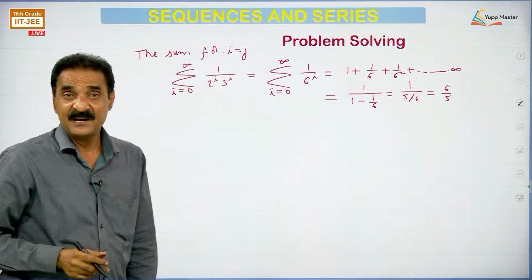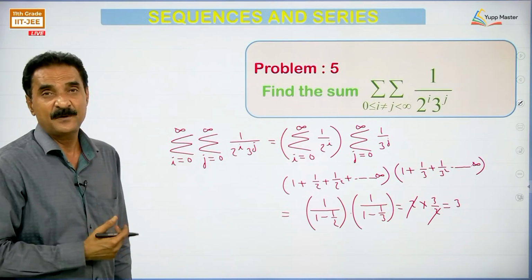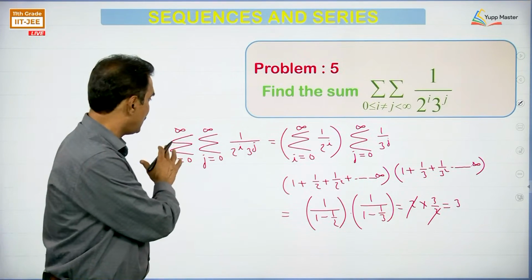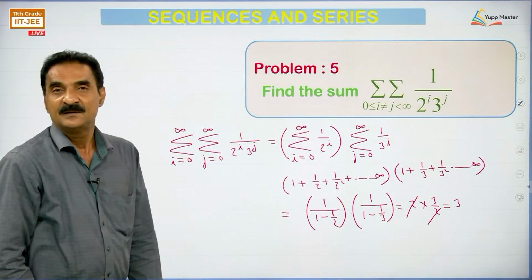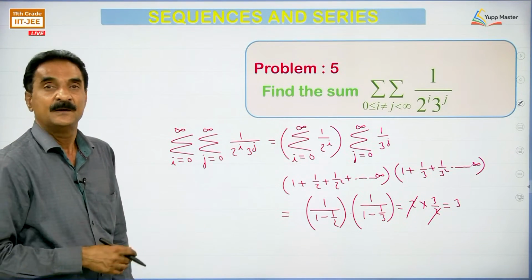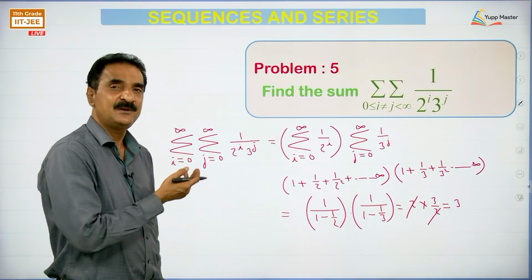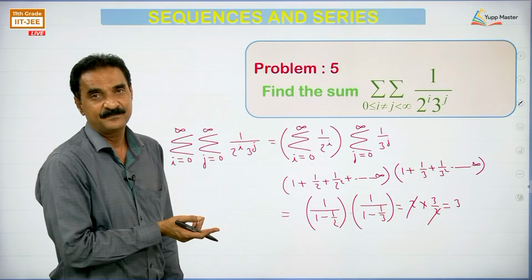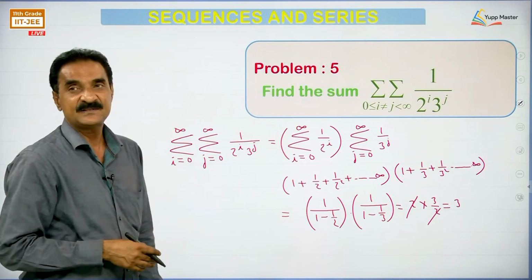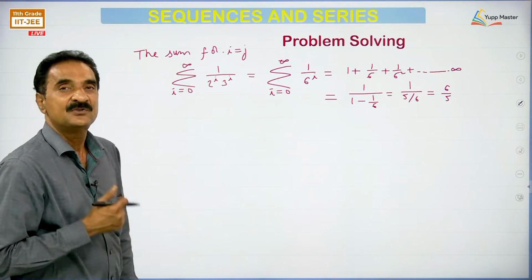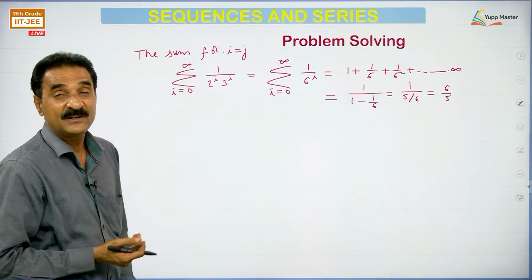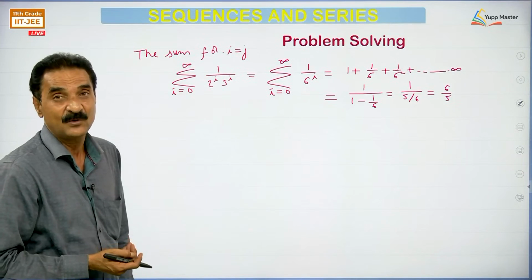When i and j are independent of each other, varying from 0 to infinity, the value of the sum is 3. In this sum, because i and j are independent, i may be equal to j or not equal to j. We have calculated the sum for i equal to j. So, what should we do? How to get the sum for i not equal to j?